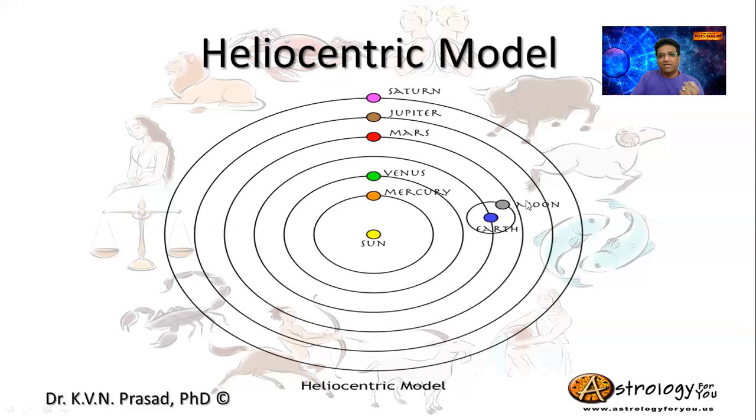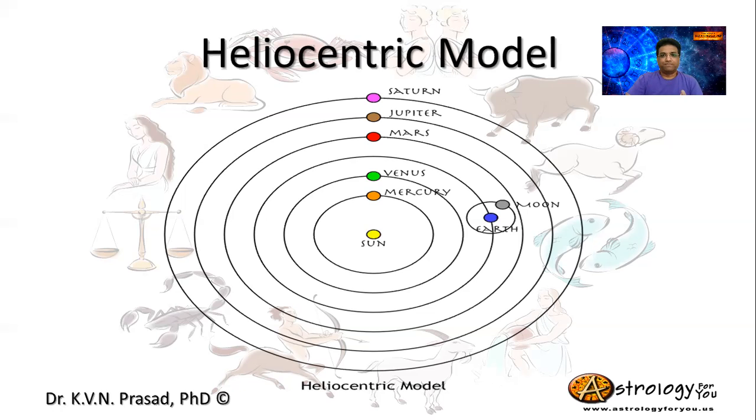The moon is the only one that rotates around the earth, and it follows the earth's path. Wherever earth goes, it maintains that distance and rotates along with it. So these are the basic things. This is what we have studied in our school, in the science part, right?